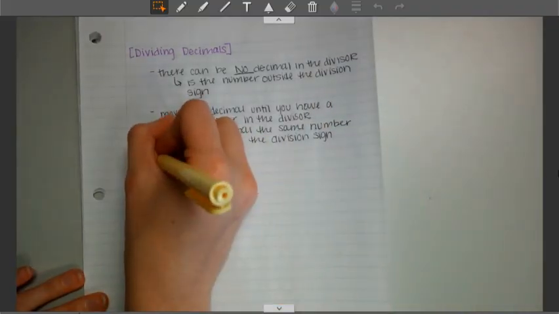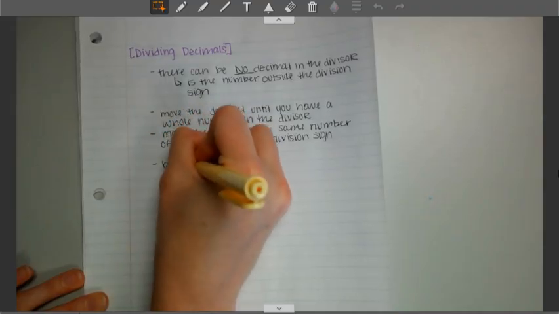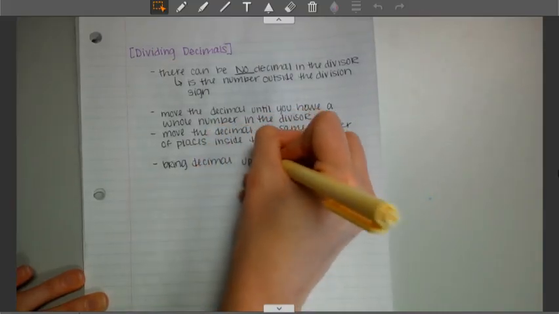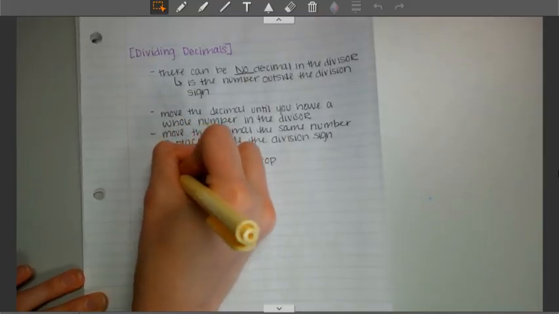Then you'll bring your decimal up top, and then you'll divide like normal.